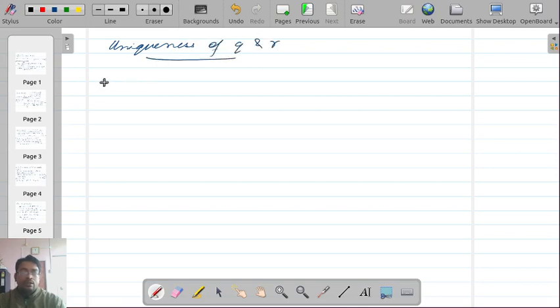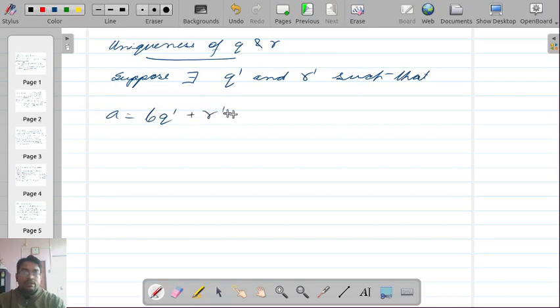So suppose there exists some other Q dash and R dash, such that A equal to B Q dash plus R dash, where 0 less than or equal to R dash less than B. Then, A is already BQ plus R, so this has to be equal to BQ dash plus R dash.